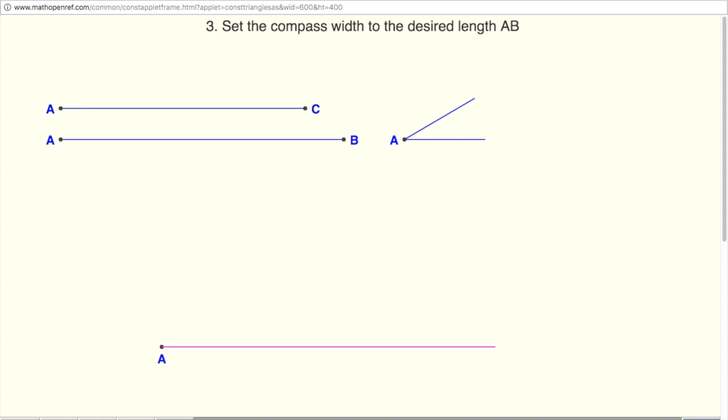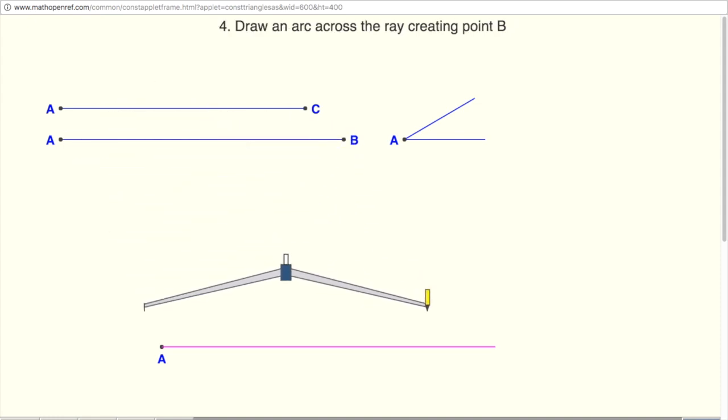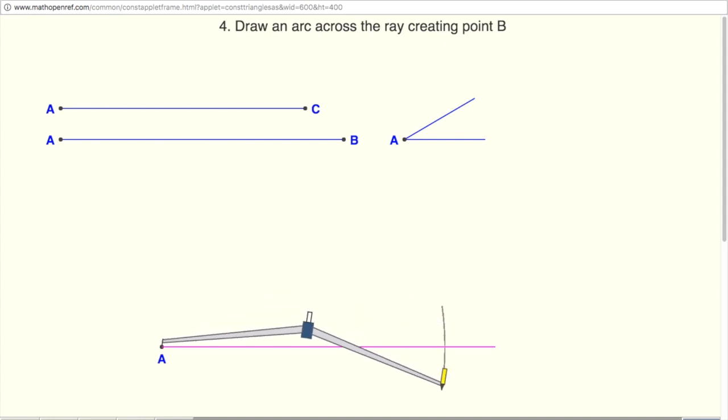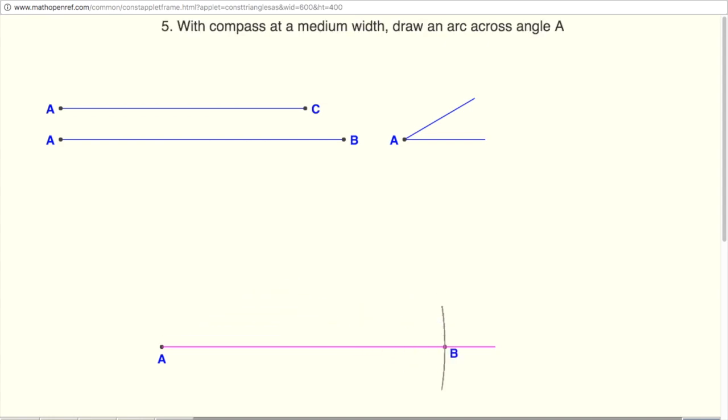Set the compass width to the length of AB, draw an arc creating point B. Now with the compass at medium width, draw an angle. So first we copied the line segment, now we are copying the angle. So at the same width, draw an arc at A on the new triangle.